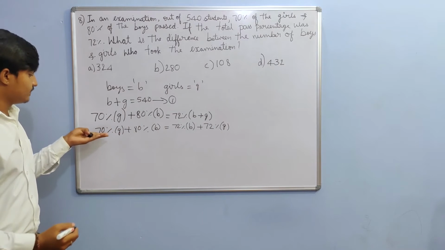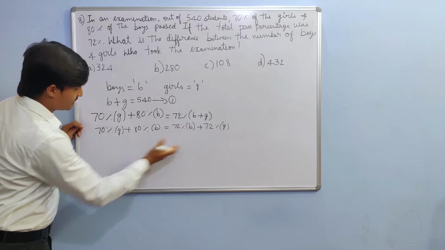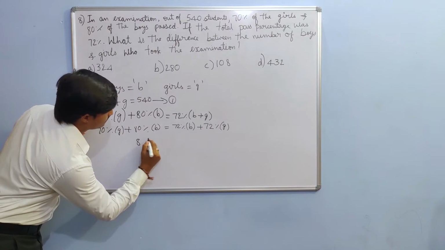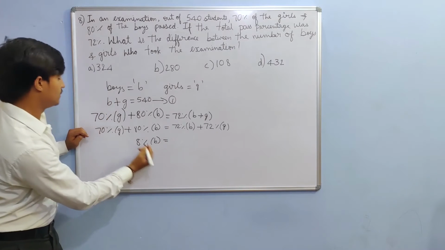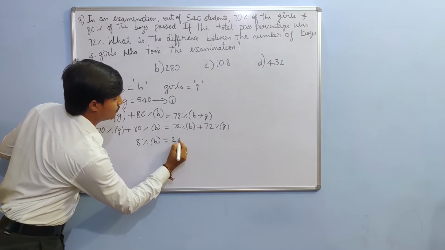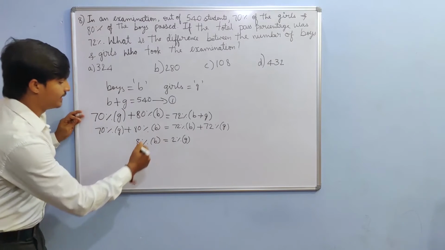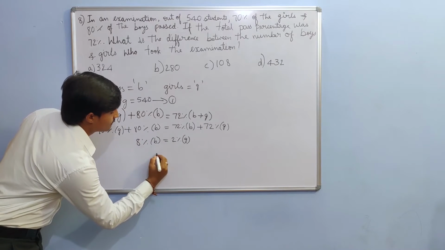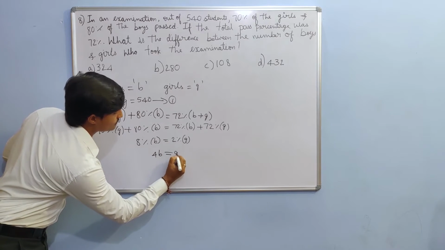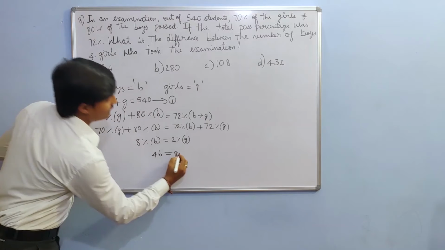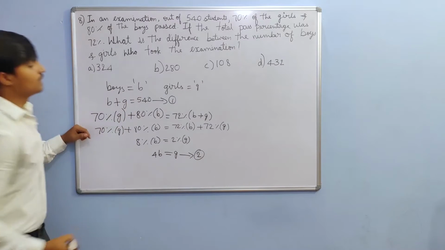So if you take the 70% of girls that side and the 72% of boys this side, it will become 8% of boys is equal to 2% of girls. So if you cancel this percent, it will become 4B is equal to G, and let's call it equation 2.